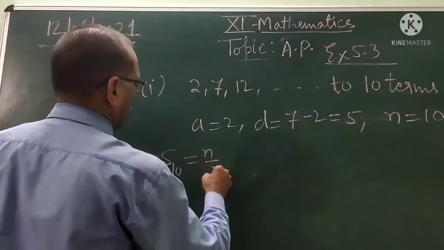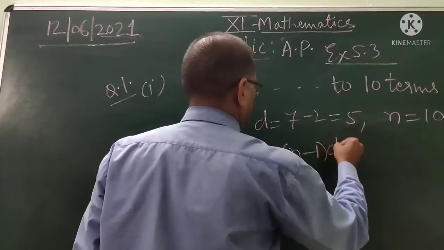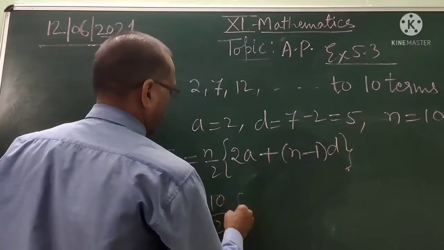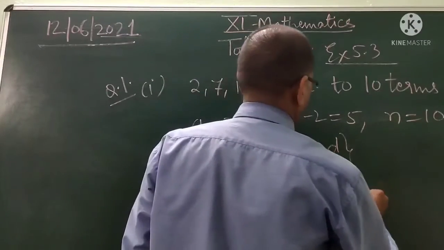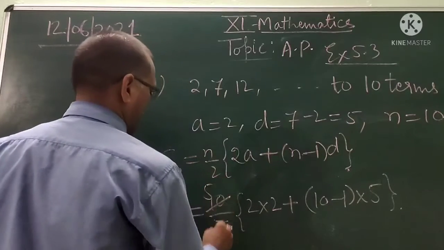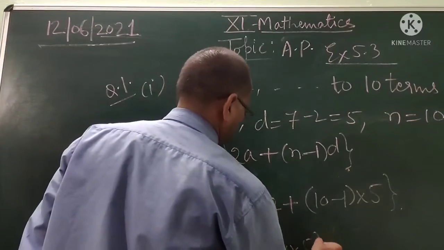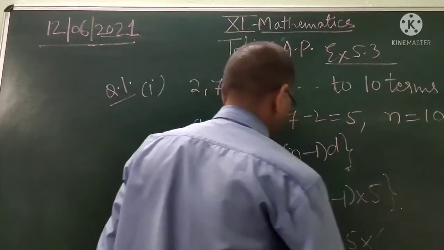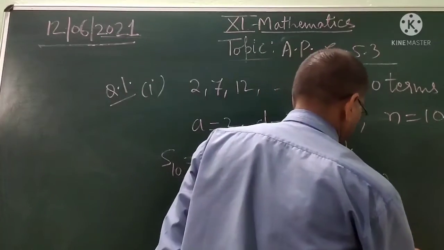S10 equal to n by 2 bracket 2a plus (n minus 1) into d. Now n equal to 10, 10 upon 2, 2 into 2 plus (10 minus 1), and d equal to 5. Then 2 5s are 10, 5 into (4 plus 9 into 5).